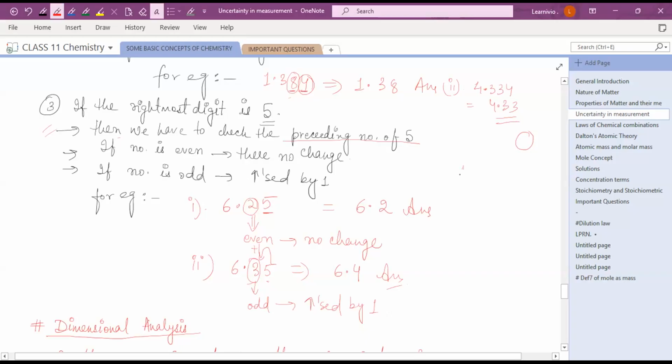For example, if there is a number like 1.6347 and 5, this long number. For the third rule, just check the last digit. Always check the last digit. It is 5. So if there is a 5, then you have to check the preceding digit of 5.